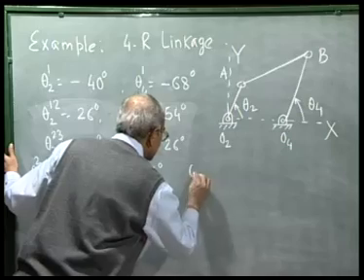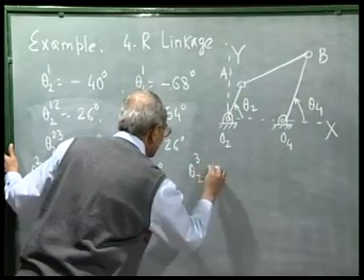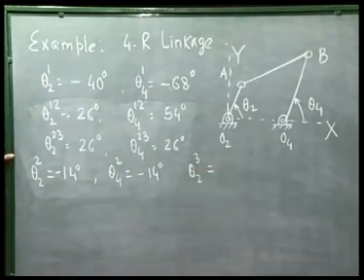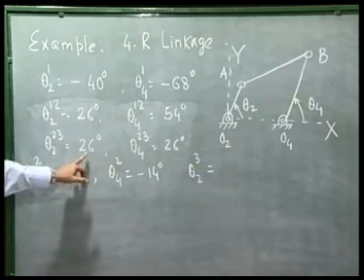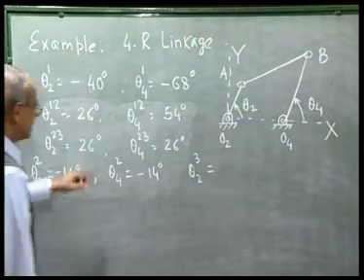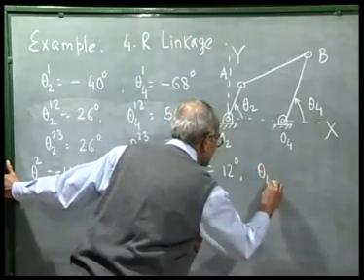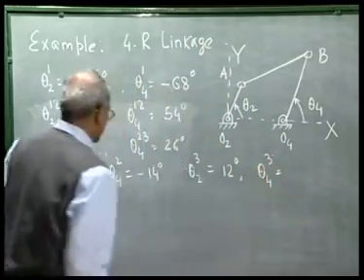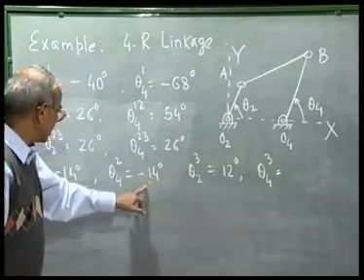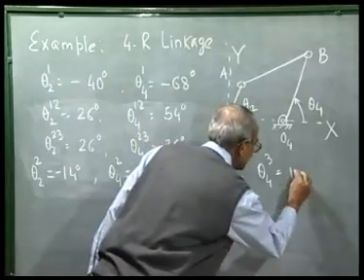Similarly, theta 2 3 is 26 degree minus 14 degree, that gives me 12 degrees, and theta 4 3 is 26 degree minus 14 degree, that gives me 12 degrees.